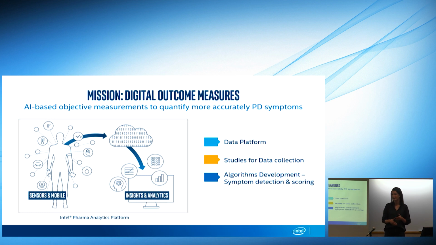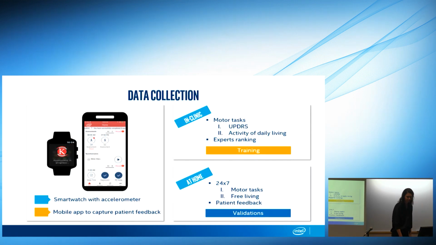And then the last phase was the development of the algorithms. I will share here 2 examples, one for symptom detection and one for symptom scoring, and we will see some results on that as well. So let's start with the data collection.